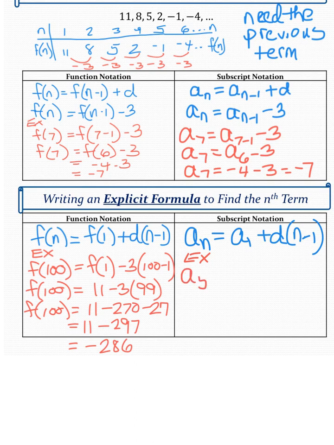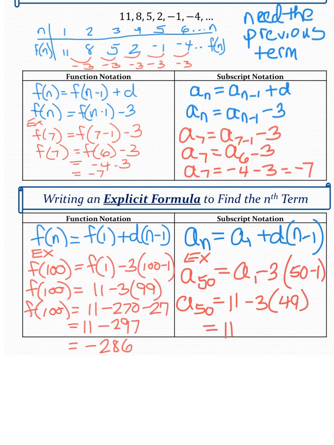So if I want to define a sub 50, that's the 50th number in the sequence. I'm going to take the first number in my sequence, and in our particular example, I'll use -3 and 50 minus 1. So a sub 50 is going to equal 11 minus 3 times 49.